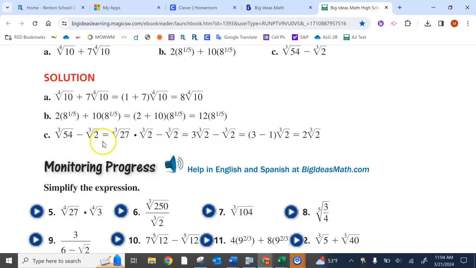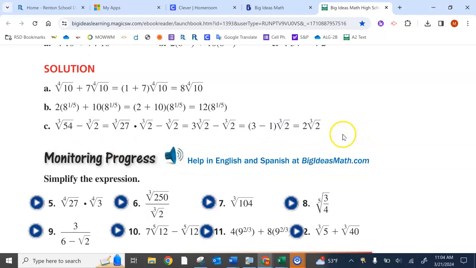They took the 3 out, so this whole thing became 3 times that. I had to look at that for just a second. That 3 is still multiplied by that, and all of a sudden now you have the same 2 root 3, and then they factor out to 3 and 1. That's kind of a complicated one, but it's a great one.